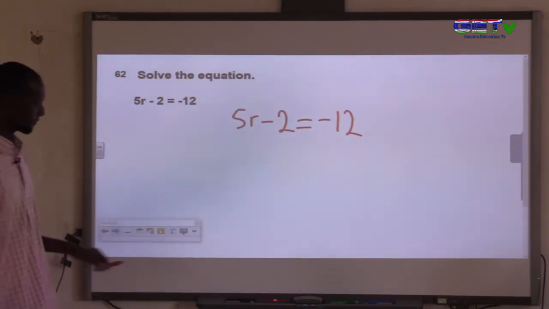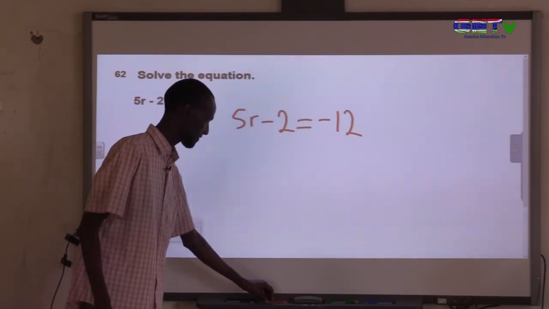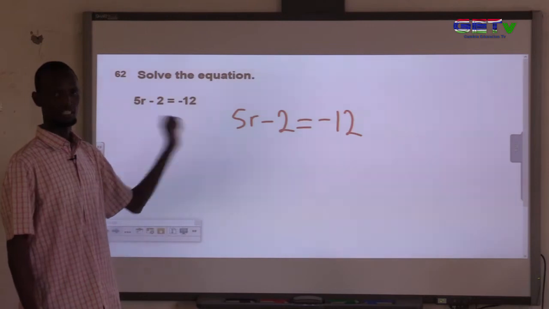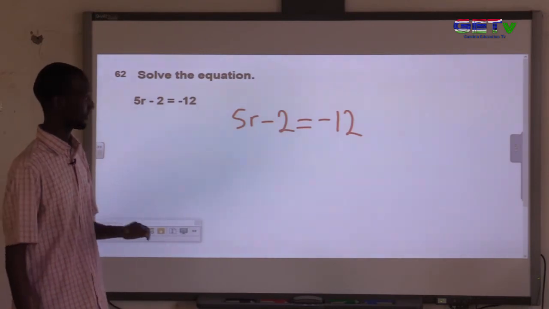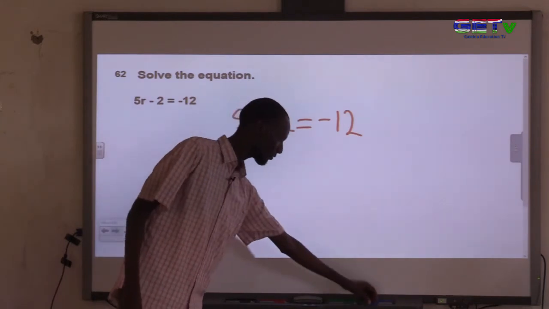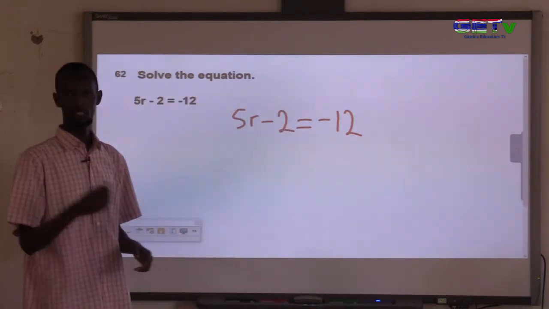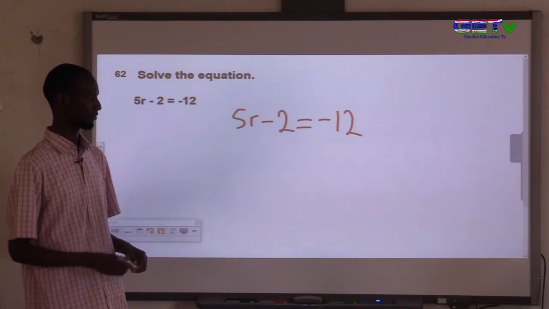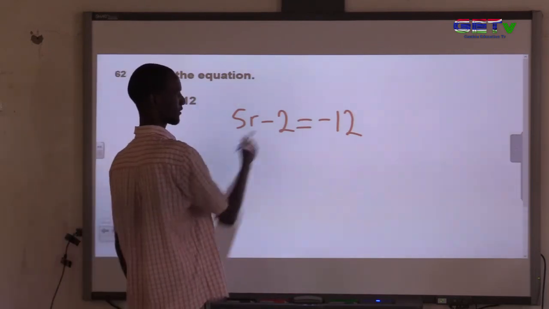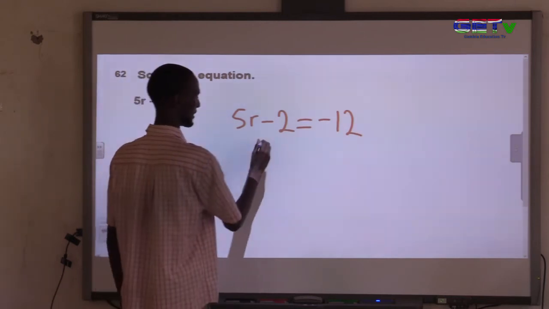Again, always focus on the variable side because you want to isolate it. 5r is 5 times r, multiplication. Minus 2 is a subtraction. And by now we know that you undo a subtraction before a multiplication when you are solving equations. So I need to undo this minus 2, so therefore I need to add 2.